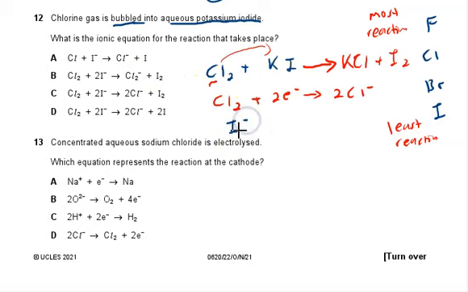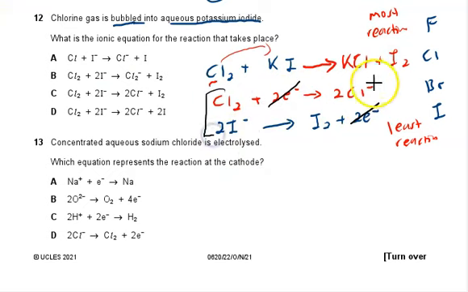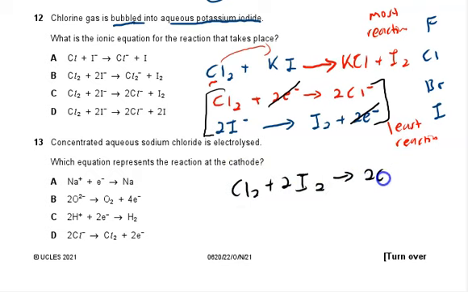Iodine is already in iodide form, so they will release the electrons. So we can cancel off these 2 electrons and 2 electrons, and make it in the form of a full equation. So we will be getting this answer, 2 chloride, and you have the iodine. So which is B as your answer? Yeah, correct, it's B. Alright, so this is your working.